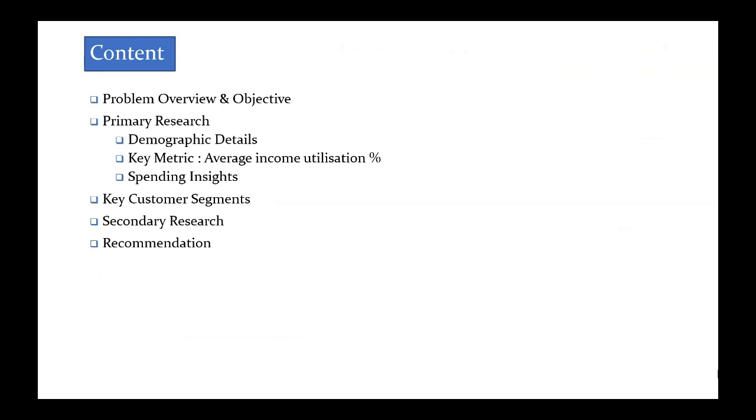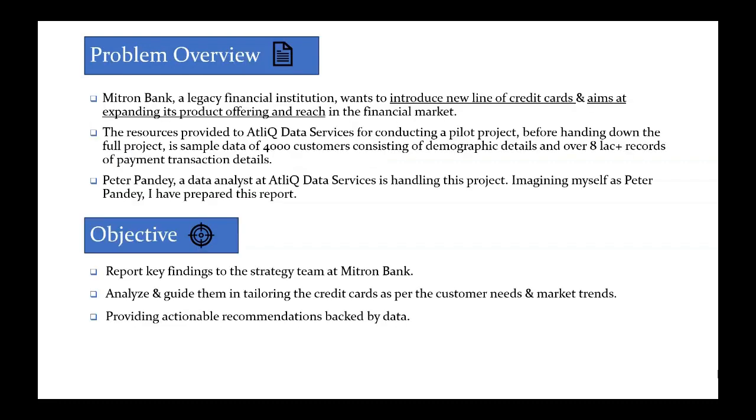Then we will look at our key customer segments which we need to target. After that, the secondary research which has helped us in giving some recommendations in order to achieve the objective of the Mitron Bank. So let's start with the problem overview.